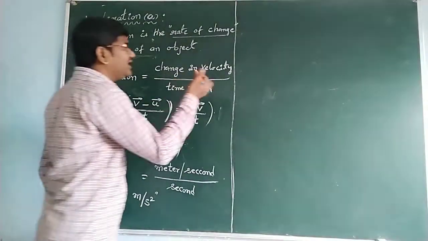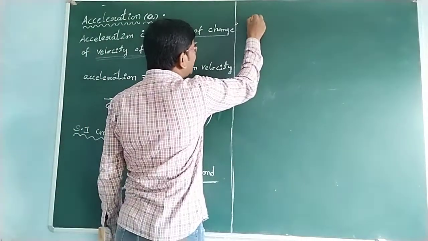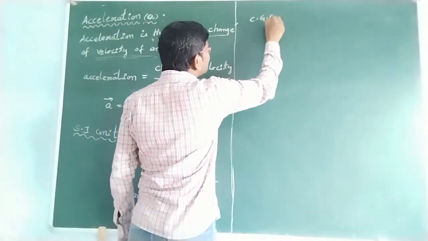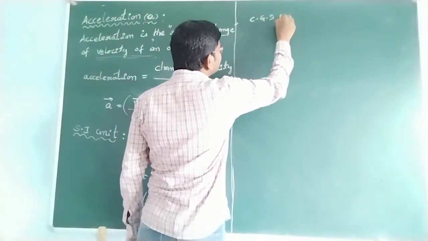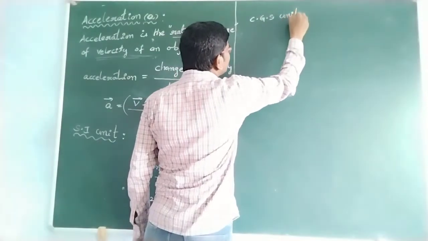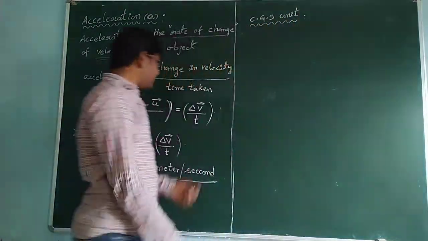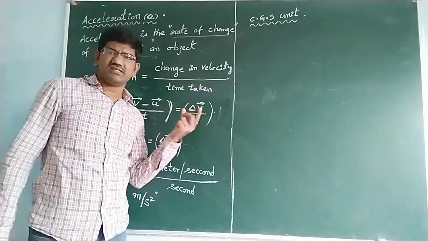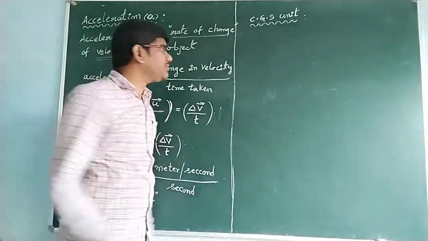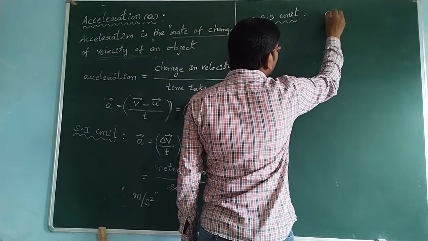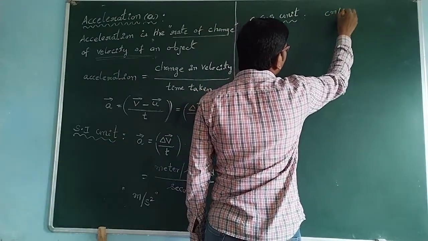Next I want to write the CGS unit. CGS unit means we should write the CGS unit of change in velocity, which is centimeter per second.